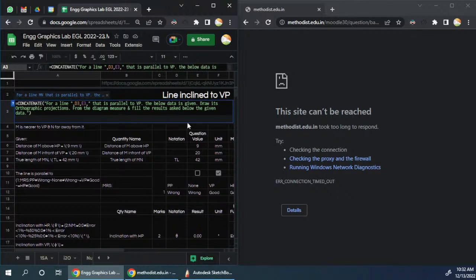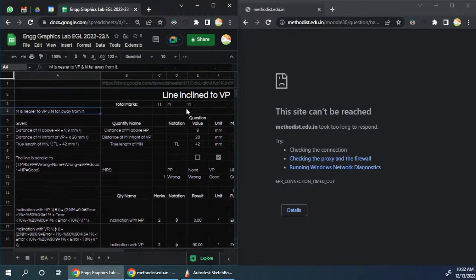So this is parallel to HP, because it is inclined to VP, it's going to be parallel to HP. Below data is given. Right, so the questions for the diagram measurement are for the results, mostly below the given data.